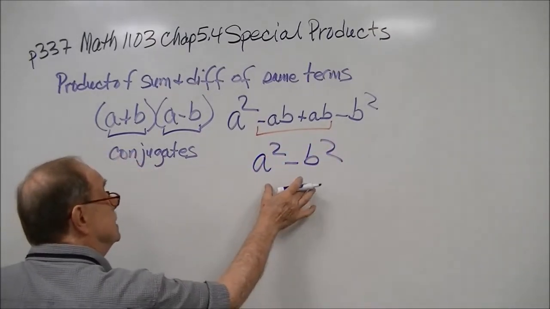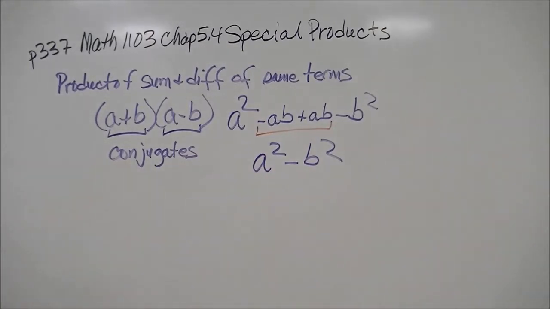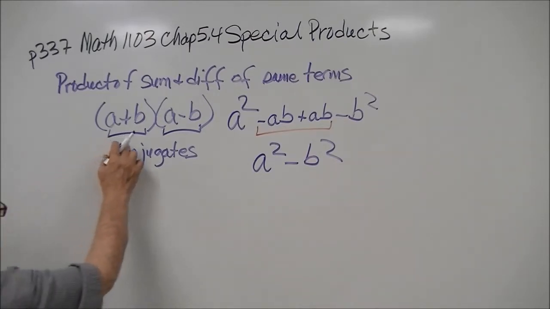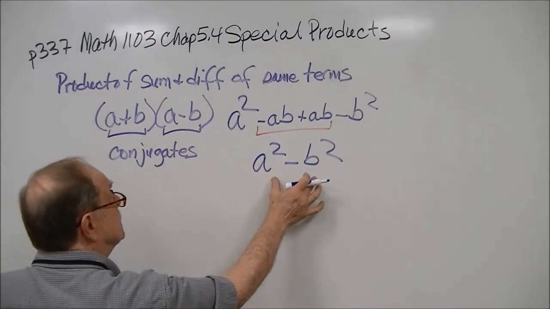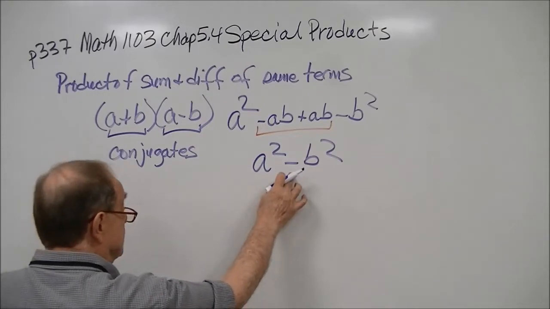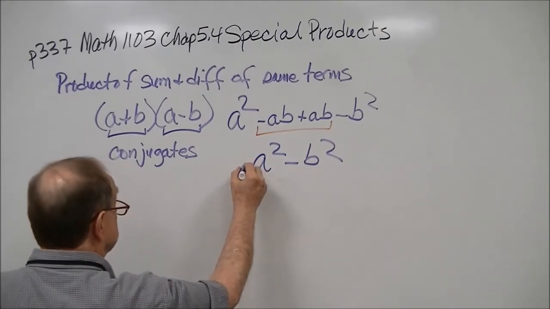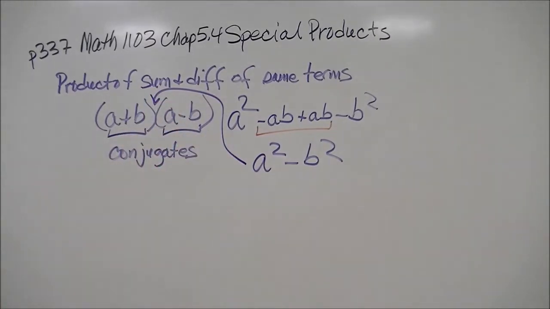That is the difference of perfect squares. Again, this is an example of a special product. When we multiply conjugates, we get the difference of perfect squares. When we factor the difference of perfect squares, they factor into their conjugates. So we're looking ahead a little bit here.